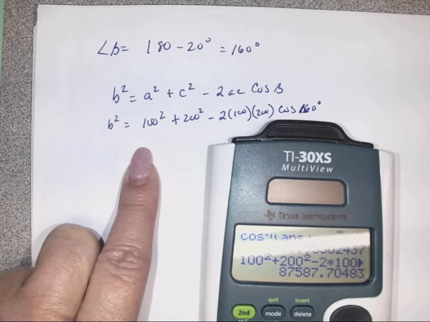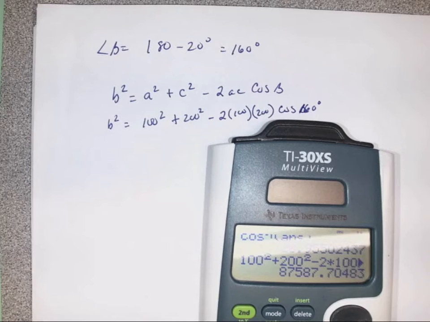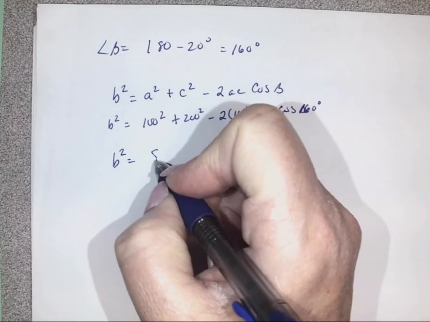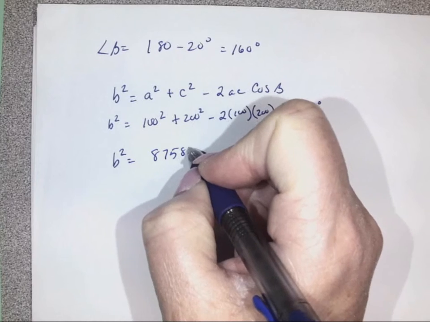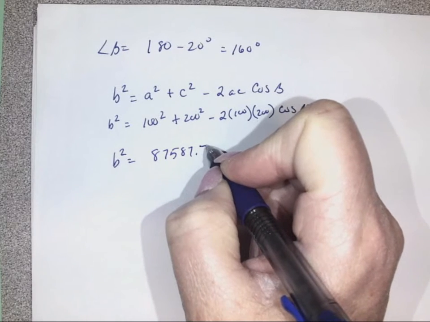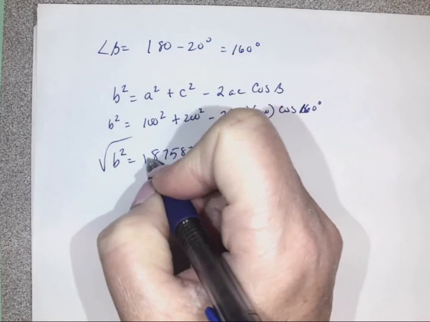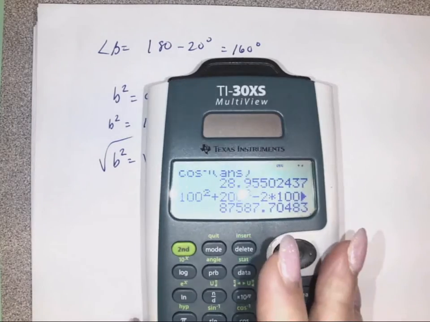And we get a very, very large number. So our b squared is equal to 87587.70483. Now we're going to take the square root of both sides.